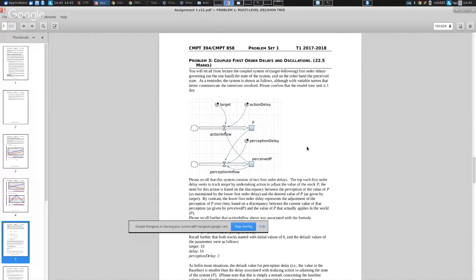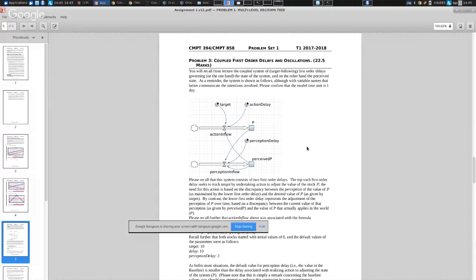And here, there's a stock characterizing the perceived value of a given quantity P, and another one that's actually representing the quantity that is being perceived in the population. Maybe it's the position of your car on the road or what have you.